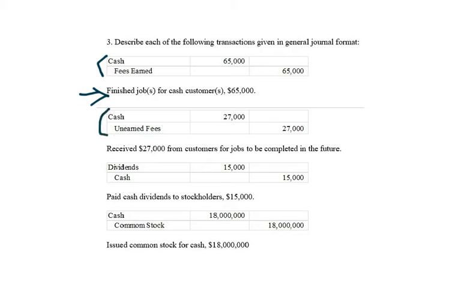Right, so this one, cash debit, unearned fees credit, I just kind of alluded to a moment ago. So what's a good way to phrase this one? We know we got cash, and unearned fees, remember, is a liability account indicating that we technically owe our customers this $27,000 until we provide the service. So a way to phrase this would be to say that we received the $27,000 from customers for jobs to be completed in the future, or jobs not yet completed.